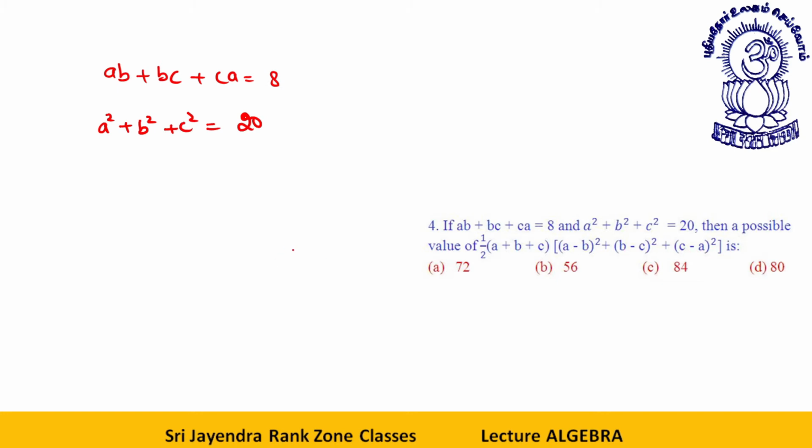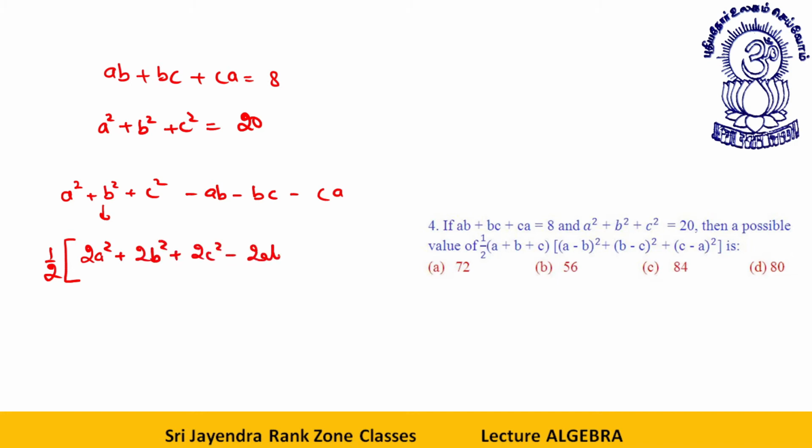See, students, actually if I say a square plus b square plus c square minus ab minus bc minus ca, what does this amount to? Can I do it like half? Take 2 common and multiply by 2 everywhere: minus 2ab minus 2bc minus 2ca.